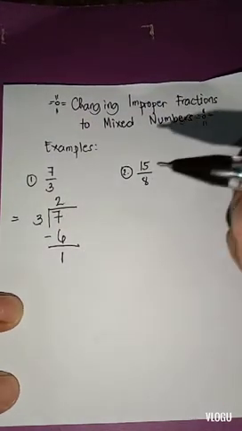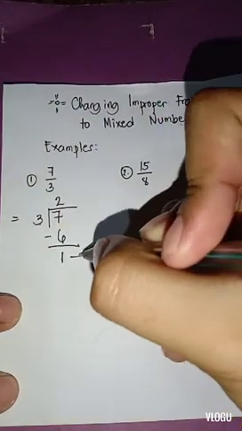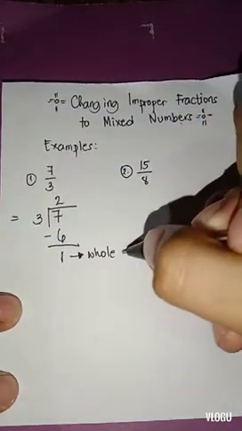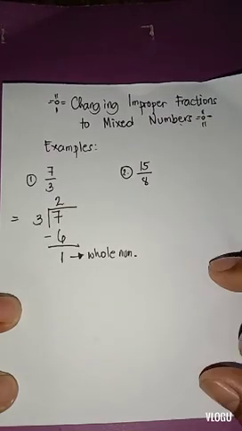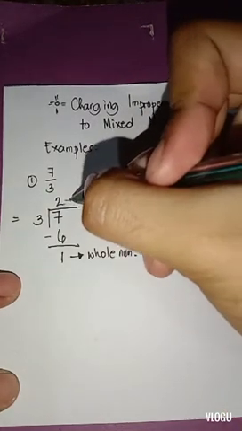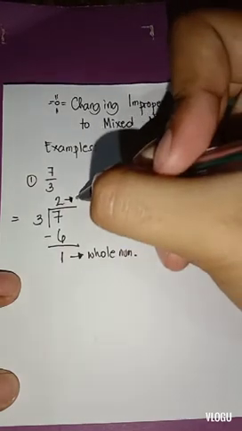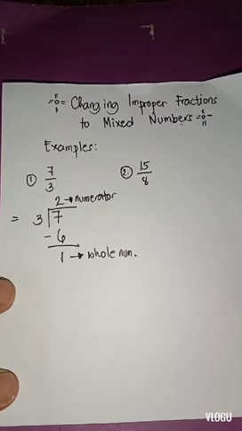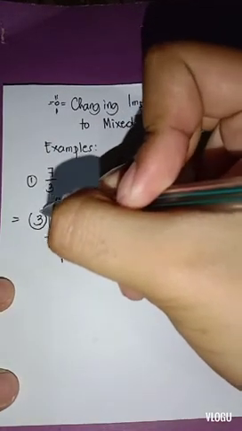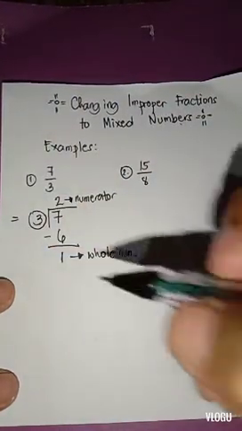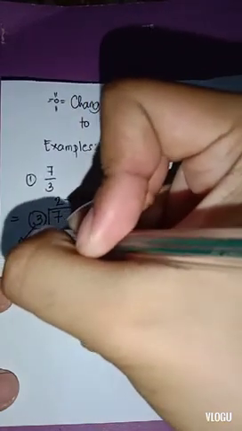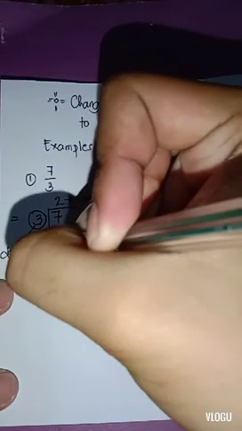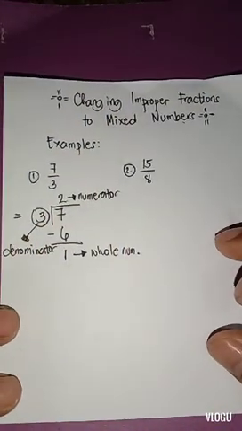Okay. So take note of this concept. Yung ating remainder, this is our whole number. Yung ating number 2 or yung quotient, this is the numerator. And then yung ating number 3 dito or yung divisor, that is our denominator.